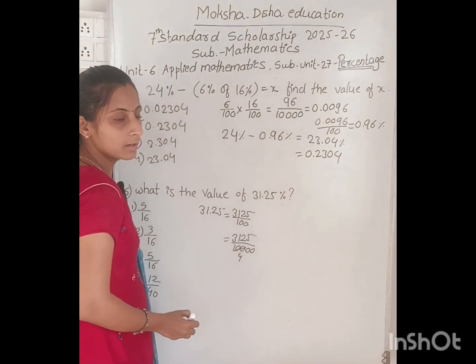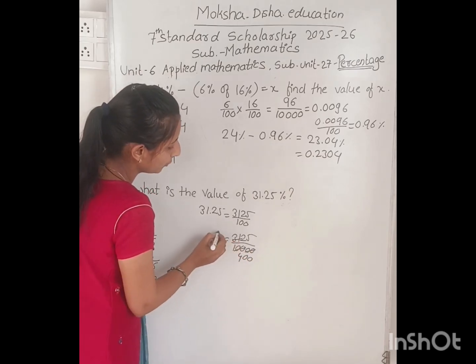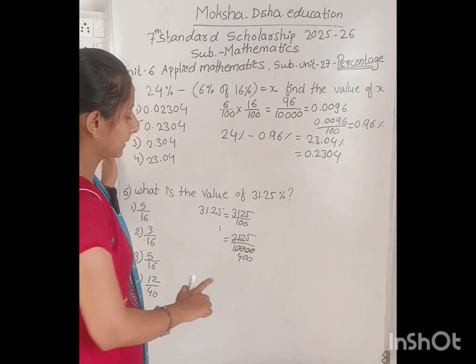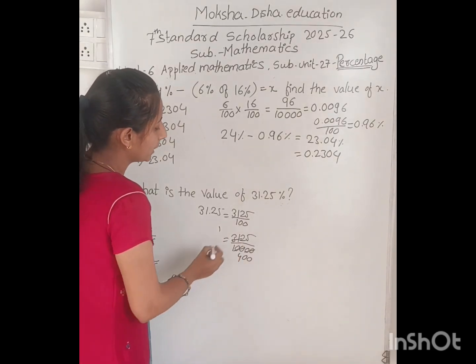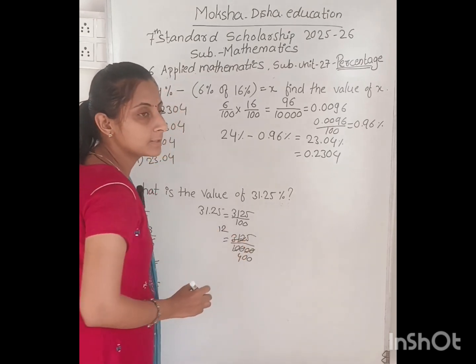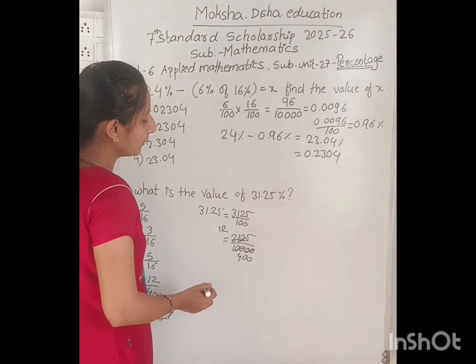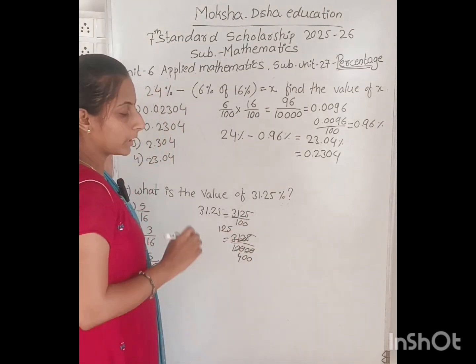25 4s are 100 and 0s are 0. 25 1s are 25. 31 minus 25 is 6. 6 and this 2, 62. Again 25 2s are 50. 62 minus 50 is 12. 12 and this 5, 125. 25 5s are 125.